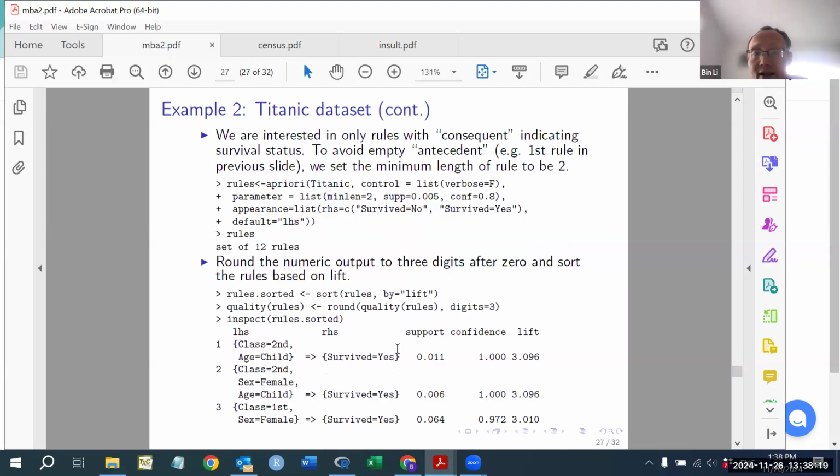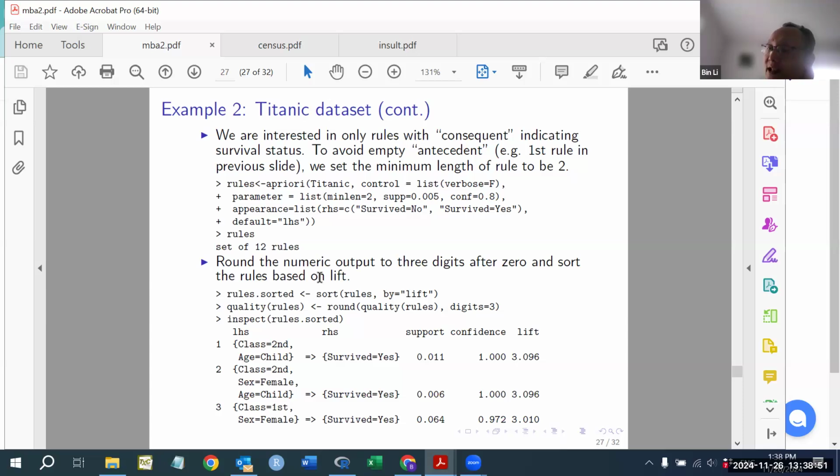So this is not good. When you do association rule mining, you have to select the left hand side or right hand side and thresholds wisely so that you will have a smaller number of rules to check. So here, let's say in this data set we are interested in the survival status.